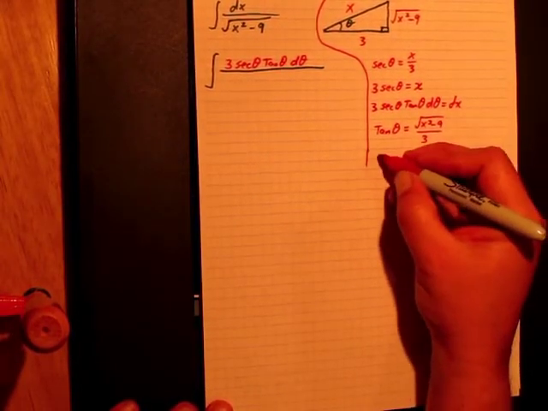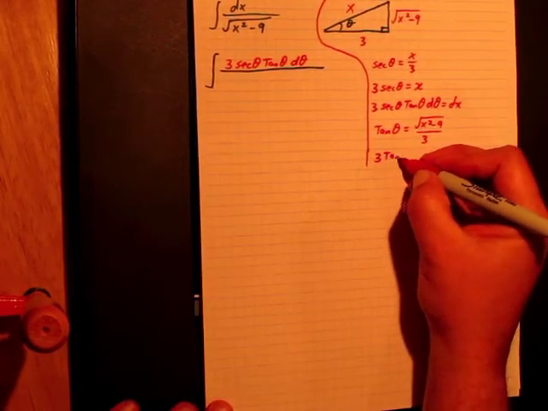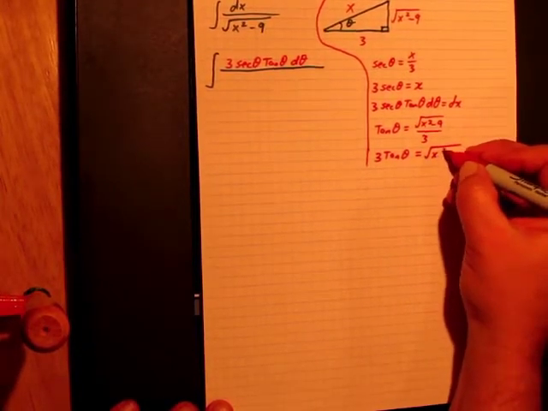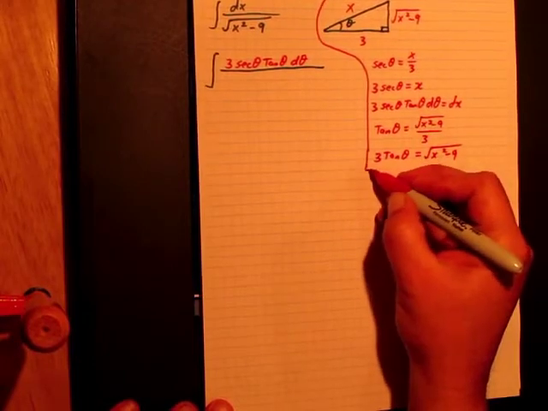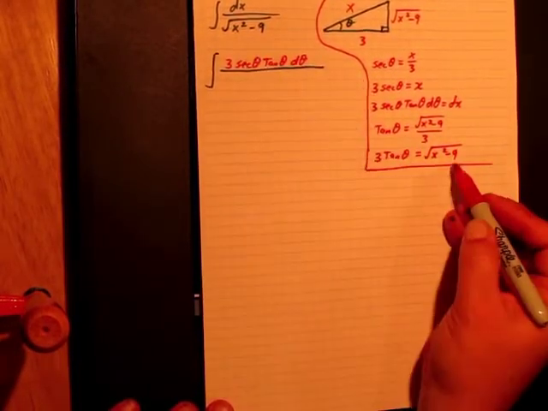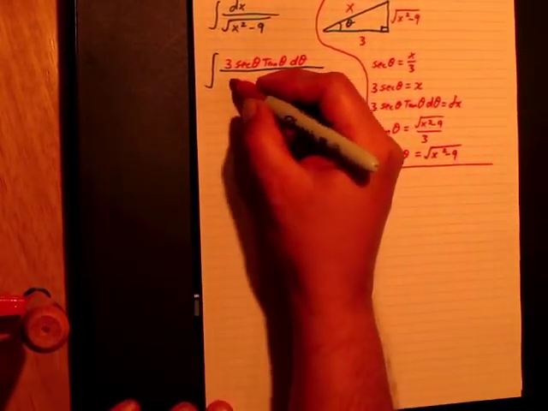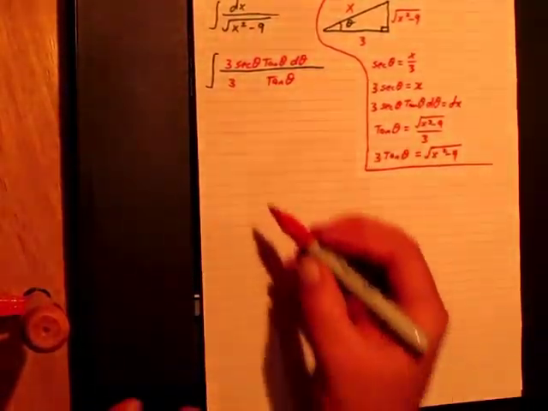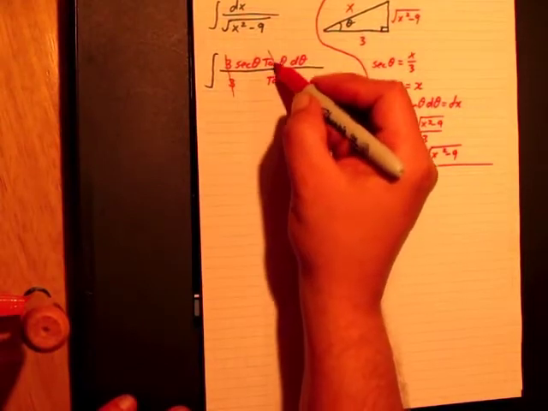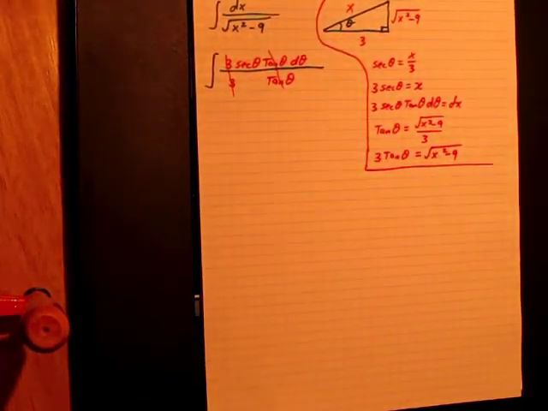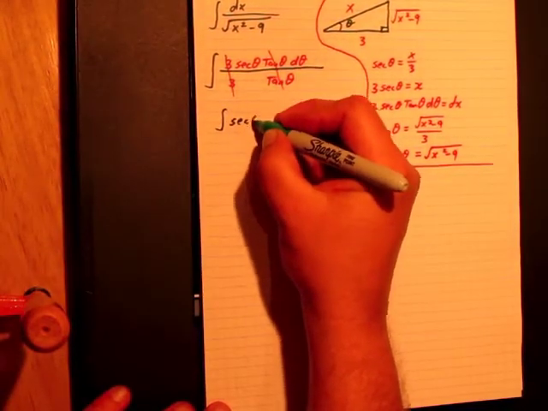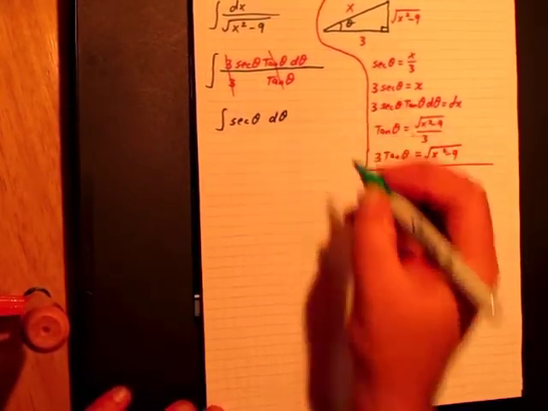Again, multiplying by 3 gives me 3 tangent theta is equal to the square root of x squared minus 9. So the denominator, square root of x squared minus 9, I'm going to replace with 3 tangent theta. The 3's can cancel, the tangent thetas will cancel, leaving me with an integral of secant theta d theta.